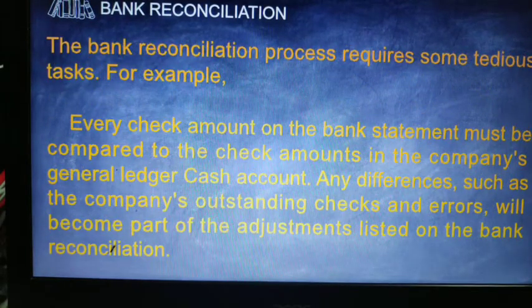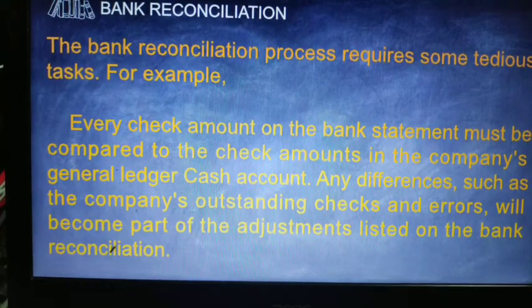So the bank reconciliation process requires tedious tasks. For example, every check amount on the bank statement must be compared to the check amounts in the company's general ledger. As I've said a while ago, if the company had issued a check to someone, it should be reflected on the bank statement.